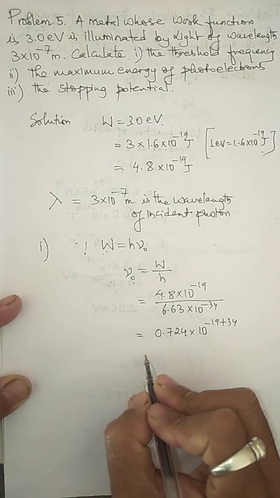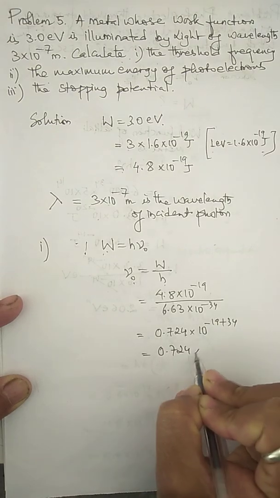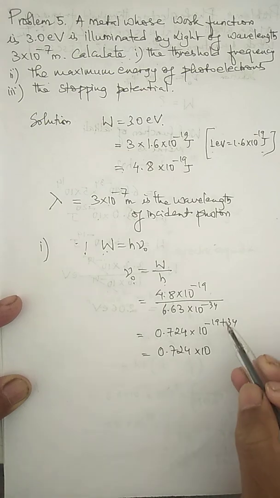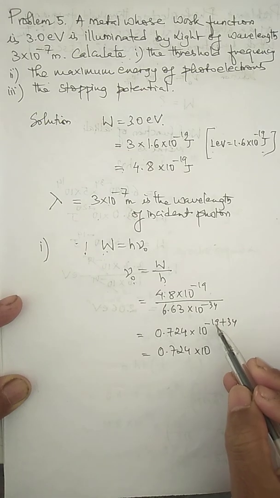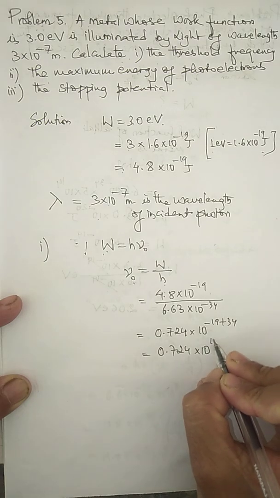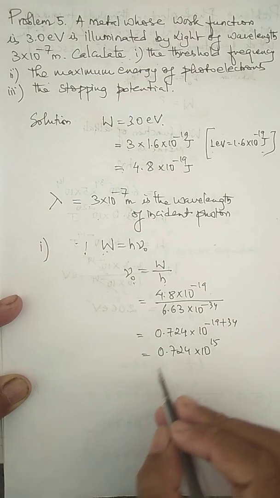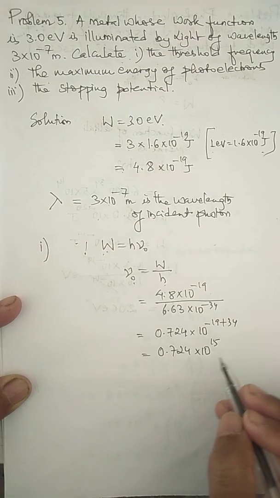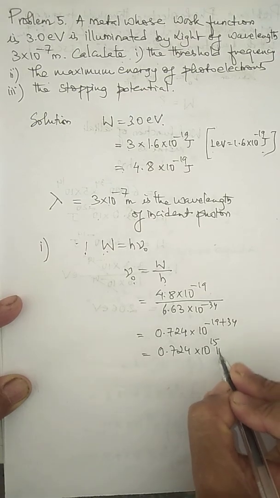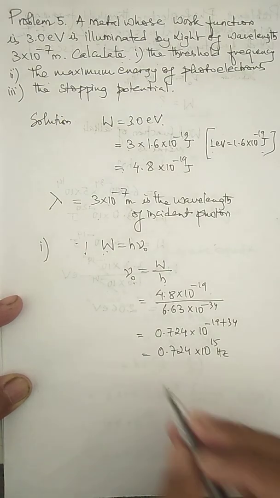Okay, so let's simplify. 0.724 into 10 power, see, 34 minus 19 means how much? It is 15. So 0.724 into 10 power 15, and the unit is hertz. But children, I suggest that when you calculate the frequency, keep it in single digit.